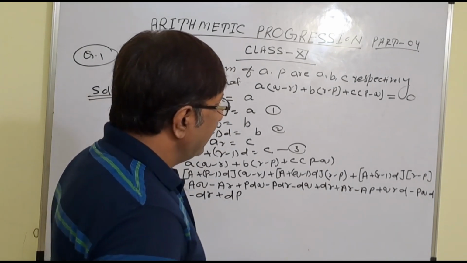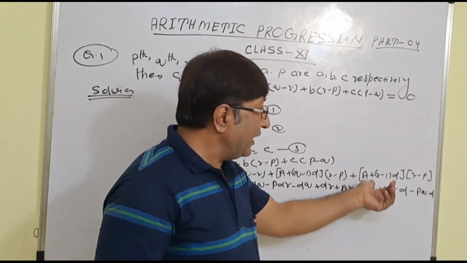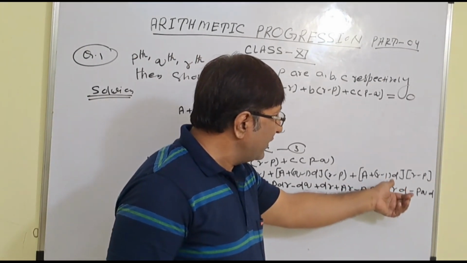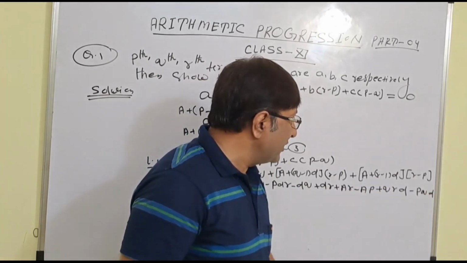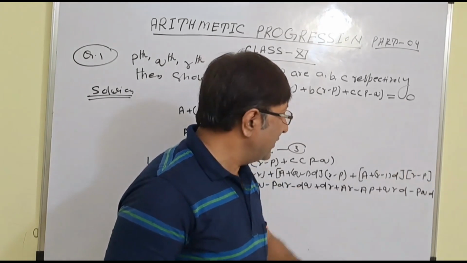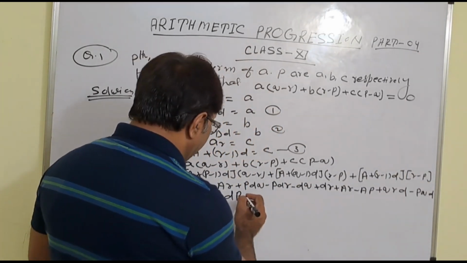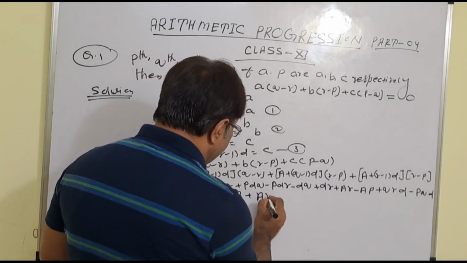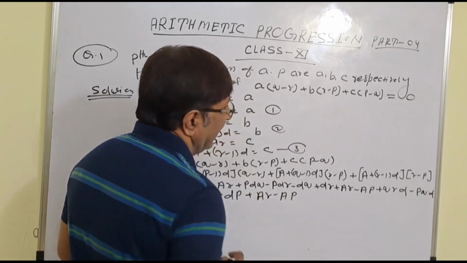Then the same way here, A plus (R minus 1) into D times (P minus Q). First you multiply A by (P minus Q), so we get AP minus AQ.